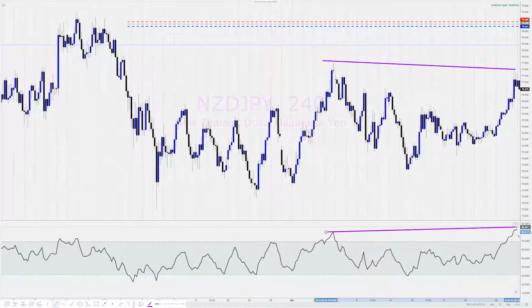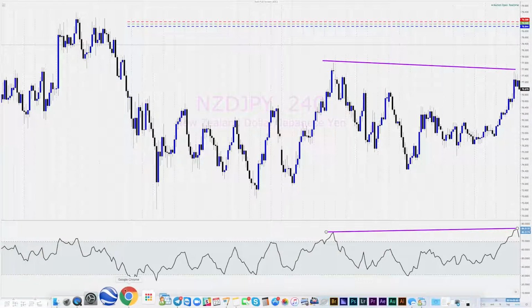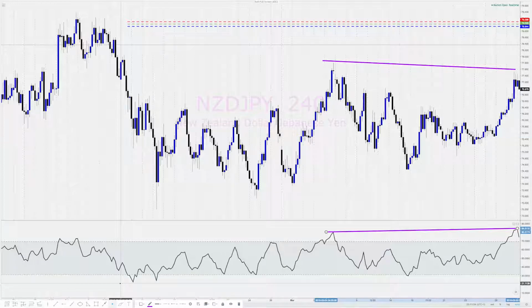RSI, little incline. So that there is bearish hidden divergence. Okay, so we have bearish hidden divergence.